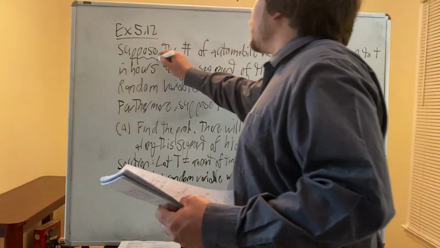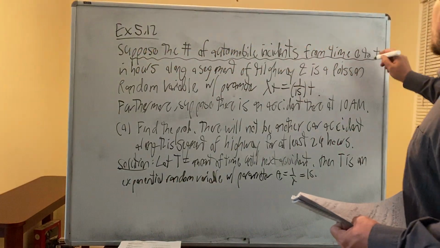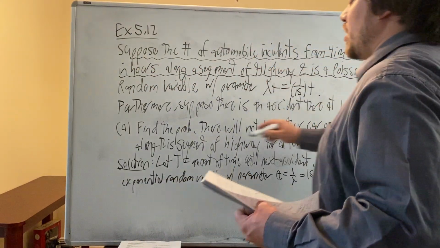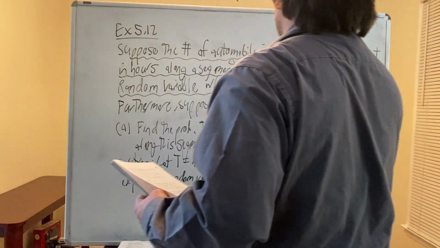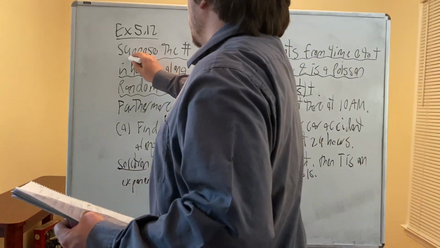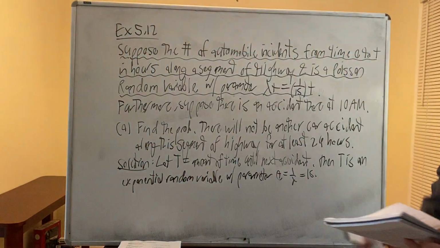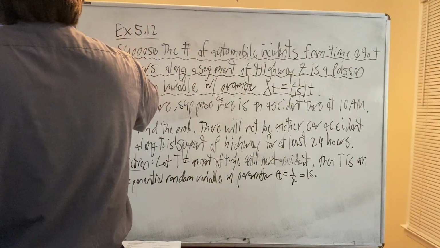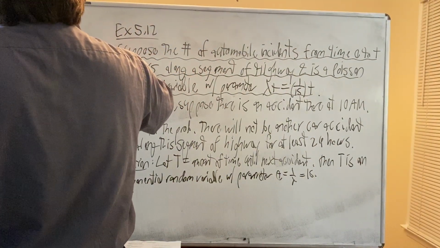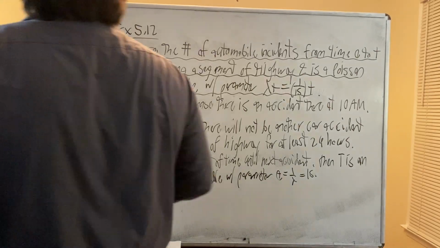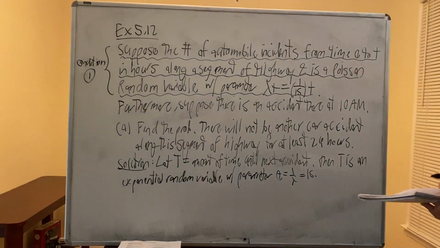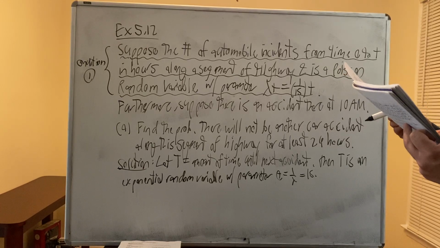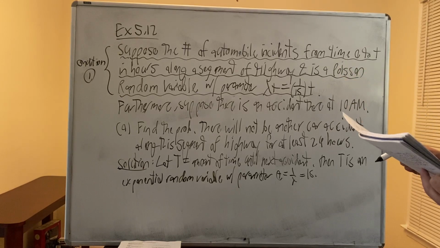The number of automobile incidents from time 0 to t in hours along a segment of highway Z is a Poisson random variable with parameter lambda t equals 1 over 15 t. That's condition 1 on the last board, so that's condition 1 to have an exponential random variable.